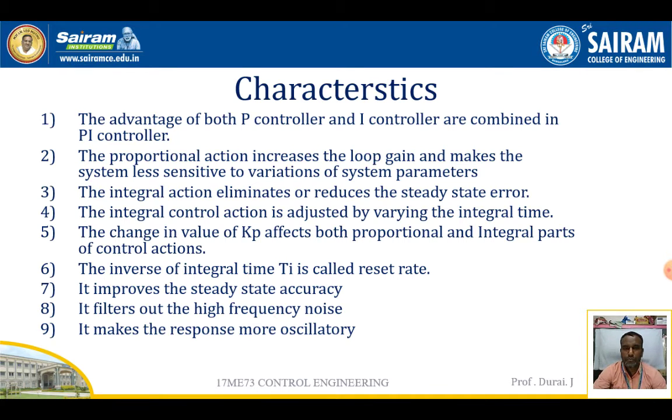Then come the characteristics of proportional plus integral control. The PI controller combines the advantages of both P control and I control. The proportional action increases loop gain and makes the system less sensitive to variations in the system parameters. The integral action reduces the steady state error and is adjusted by varying the integral time, and the value of Kp affects both the proportional as well as integral parts of the control action.